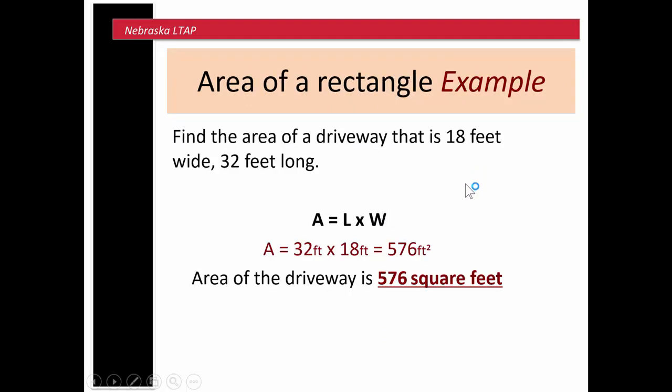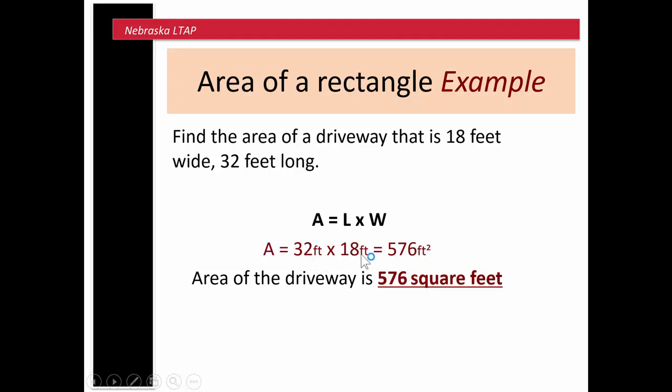So an example, we have a driveway that's 18 feet wide and 32 feet long. Somebody says, what's the area of that driveway? So you know how much material you need for that driveway. So we're going to take the length times the width, and that's going to give us 576. Remember, square feet, because we have 32 feet by 18 feet.